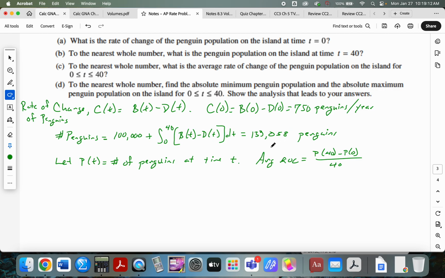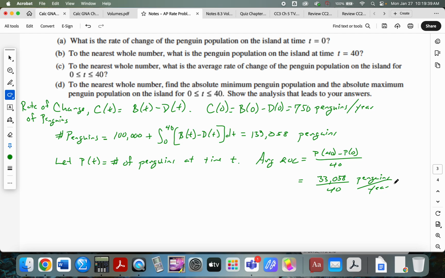Well, we know how many penguins are on the island at time 40, and we know how many are on there at time 0. This is actually a really easy problem. It's 33,058 over 40 penguins per year.